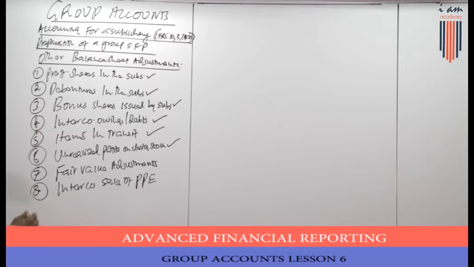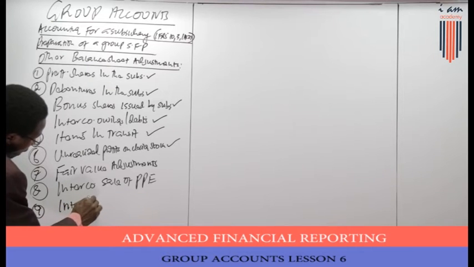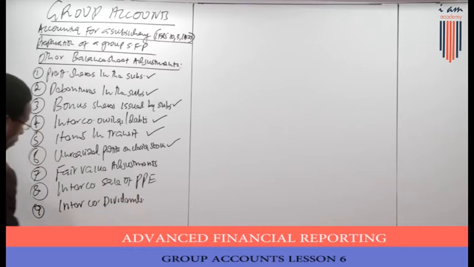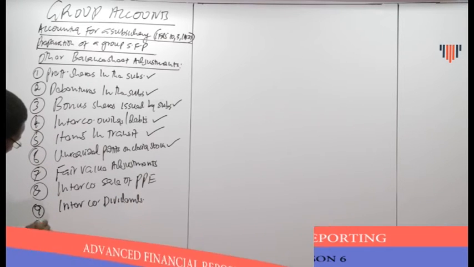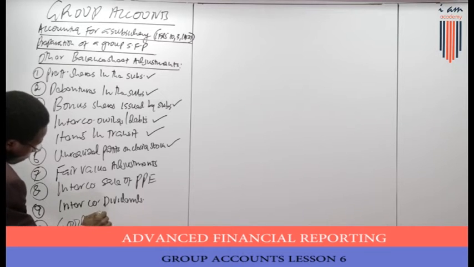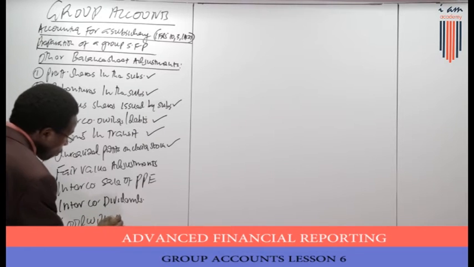Don't forget, in subsequent sessions, we'll be looking at intercompany dividends. We also have the goodwill. We are going to talk about goodwill. Remember, in respect to IFRS 3, how do we account for goodwill?